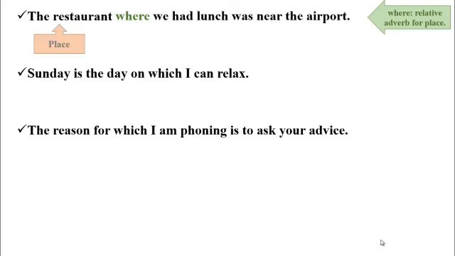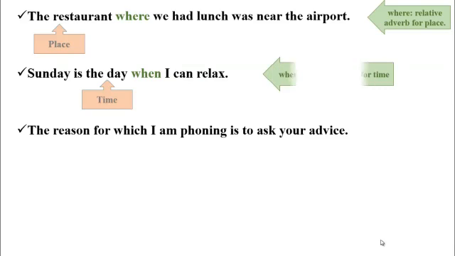Let's move now to the second example. Sunday is the day on which I can relax. Here the relative clause is on which I can relax, and since we are talking about a day, which is time, instead of using on which, you can just use when. So when is a relative adverb for time. Let's move to the last example.